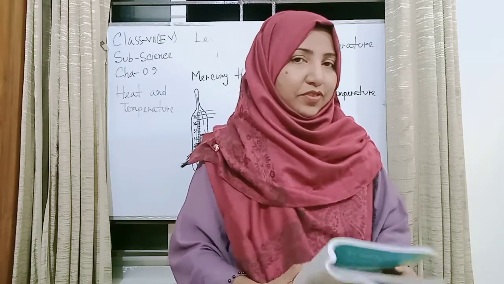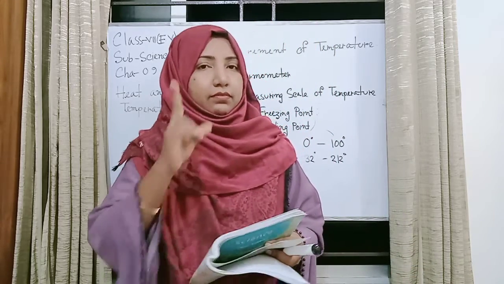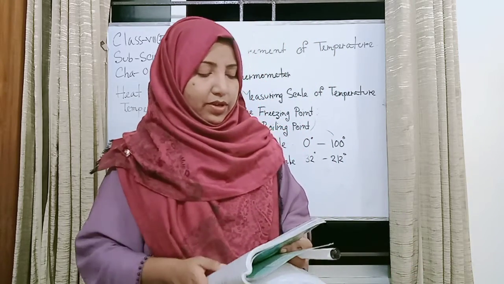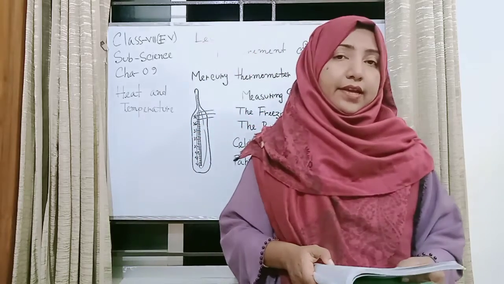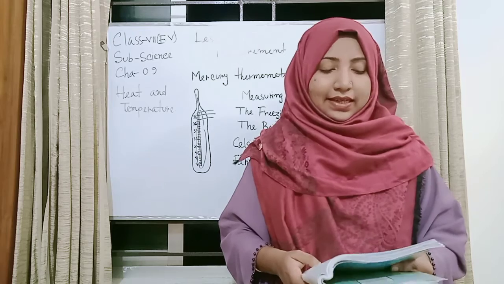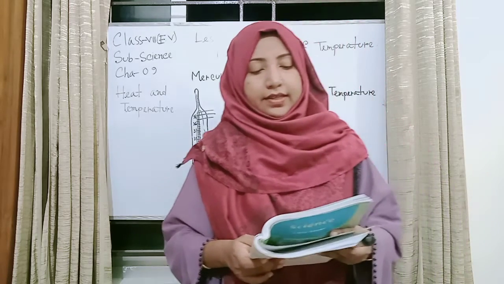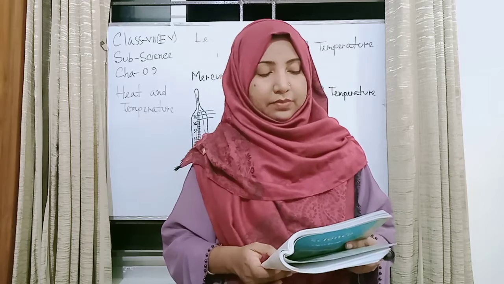Next page, please everyone turn to the next page: the measuring scale of temperature. In order to measure anything, there are two points: one is the freezing point and the other is the boiling point. In order to measure anything, the first step is to fix a unit of the thing as a standard for measurement.